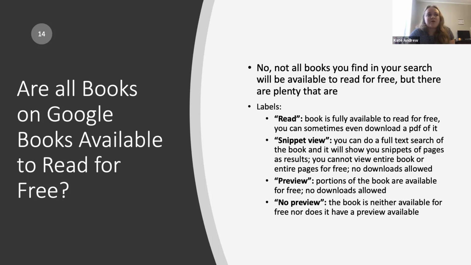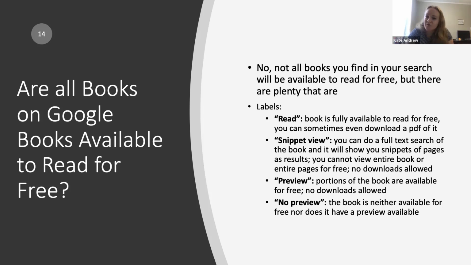There are also books that are available in snippet view. So you can do a full text search within the book, and it will show you snippets of the pages that your search results appear on. However, you can't view the entire book for free, and it also won't let you view entire pages for free. There are books that are labeled preview books. So portions of the book are available for free to look at.